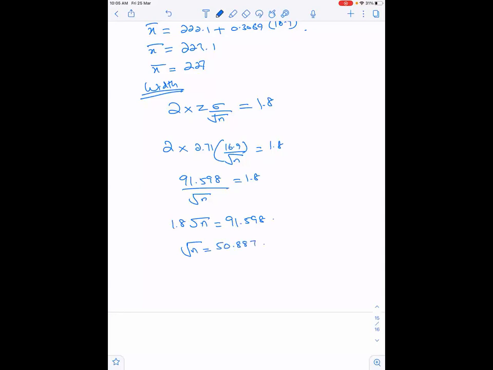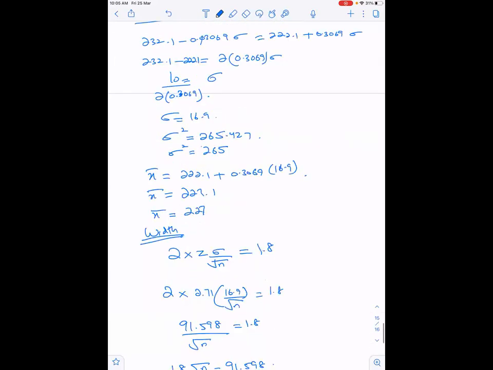Squaring it will become, just a minute, 2589.565, so 2590. Is that right?